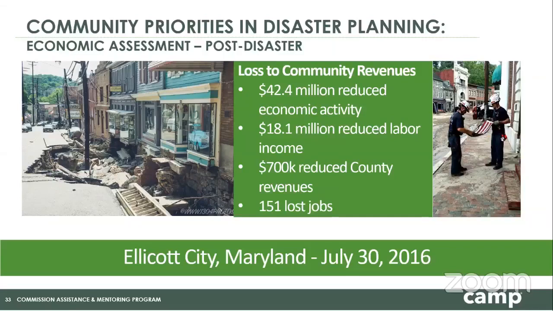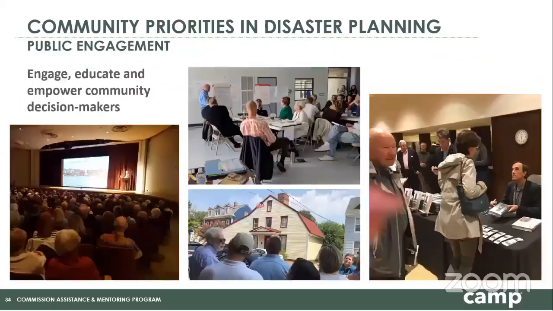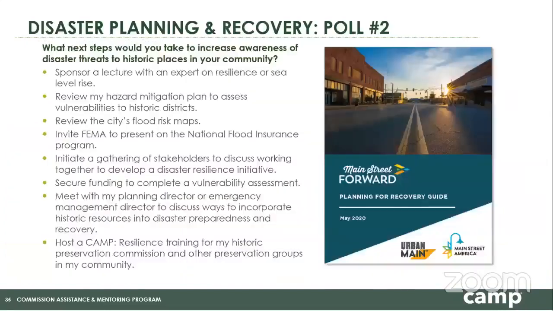Lost jobs. And I know the island lost many people after the storm, and they went abroad or to other states. And that is the reality of what happens if you don't plan and you're not able to recover quickly. So again, engage the public, included in all the different facets of the plans.